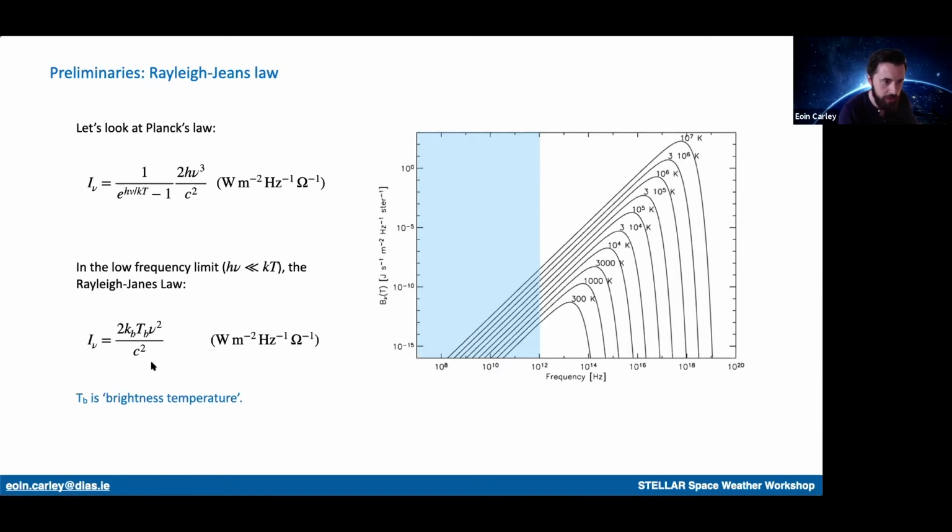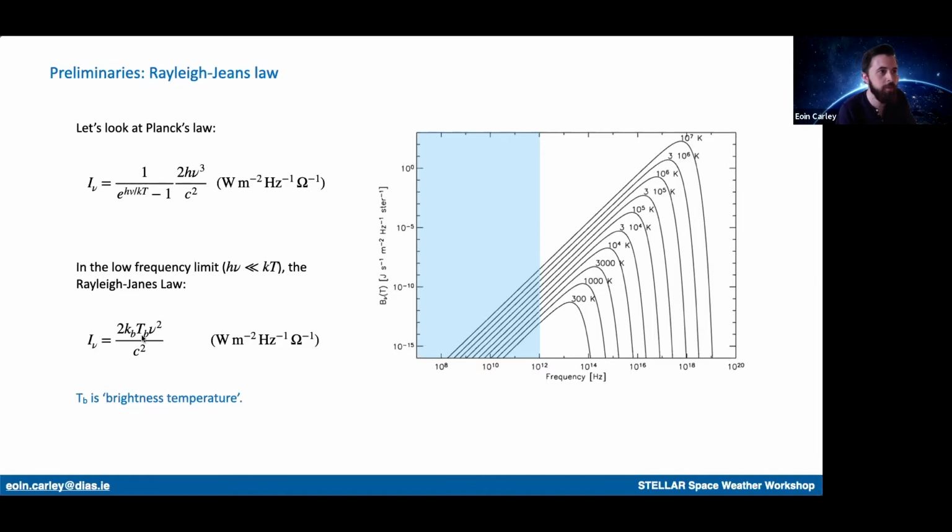And this also gets us at a really important aspect of studying radio astronomy, particularly for the sun or quiet images of the sun. The images and data that you sometimes see aren't often given in terms of intensity, specific intensity, or flux. They're often given in terms of Kelvin, or brightness temperature.